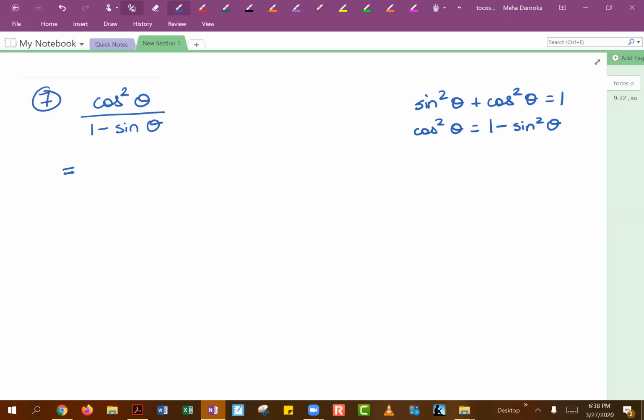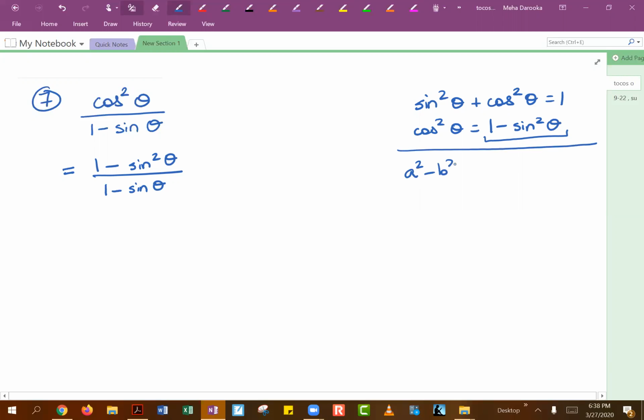So the first thing I'm going to do is, using this term here, I'm going to substitute my numerator, 1 minus sine squared of theta. Keep your original denominator as it is, okay? Then, talking about those difference of squares that I was looking at in the previous example, a square minus b square can be factored into a plus b and a minus b.